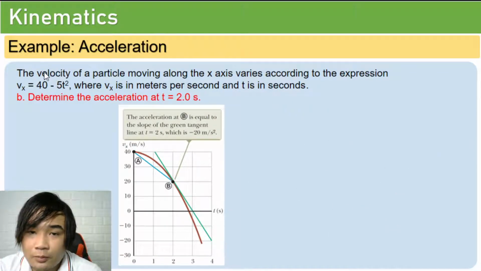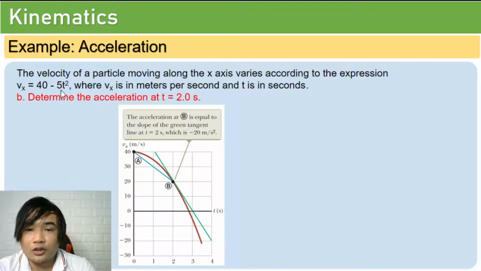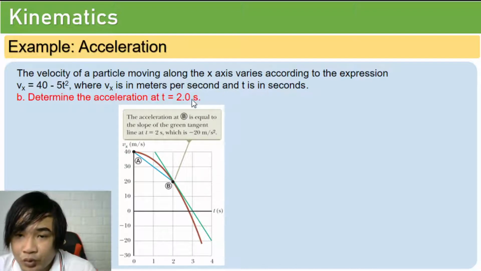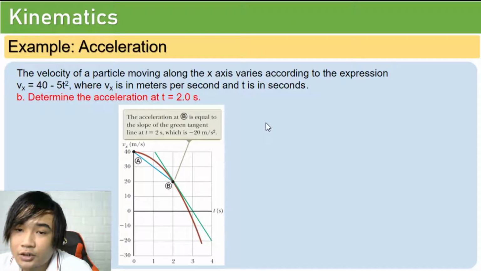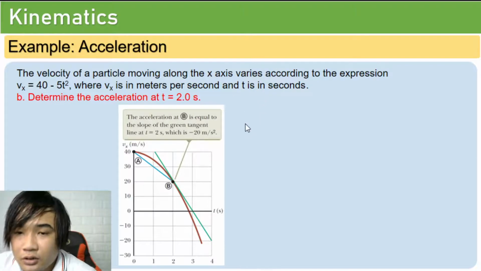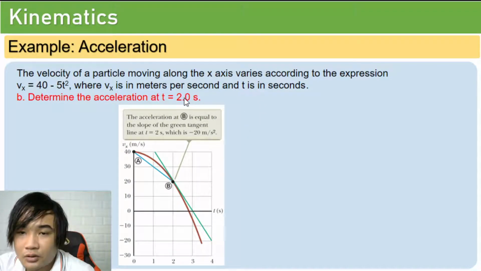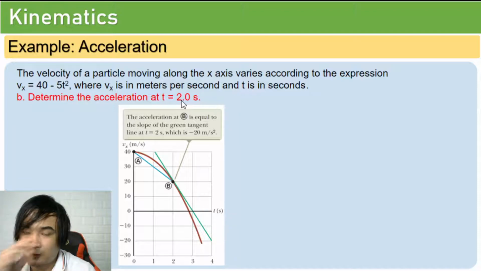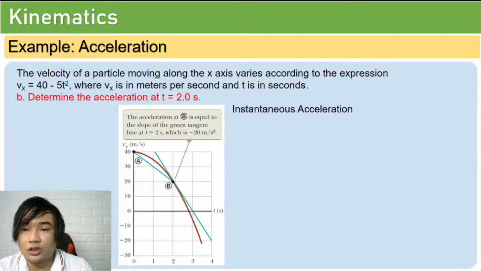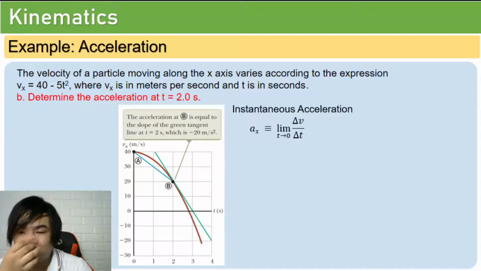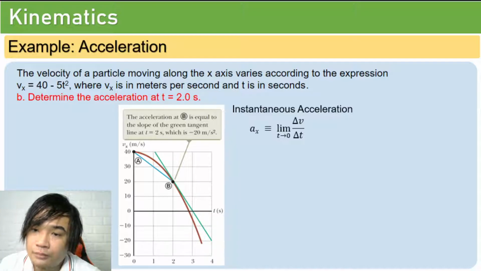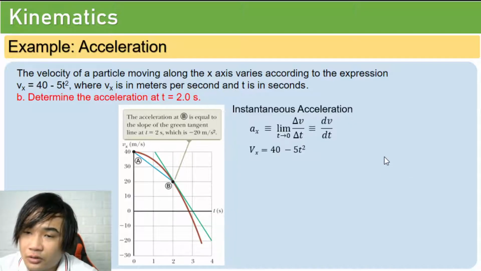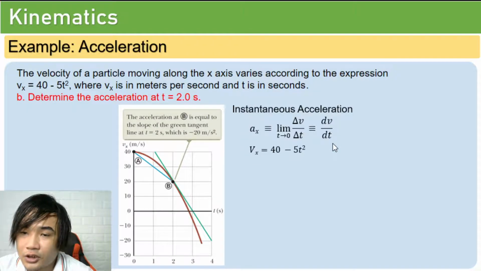Here we have the same velocity. Determine the acceleration at 2 seconds. Here we are looking for the instantaneous acceleration, because it is at the moment of time. We have the formula Ax is equal to the limit of delta V over delta T, or dV over dt.